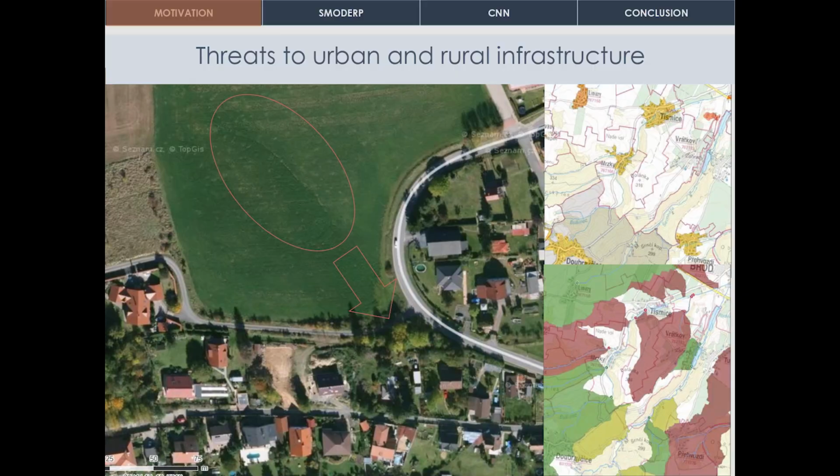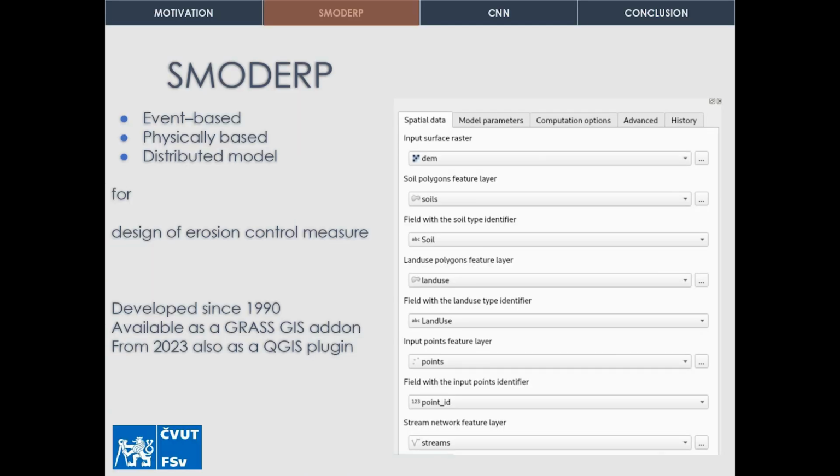On the left side, you can also see small urban areas with a catchment with some probability risk of erosion.